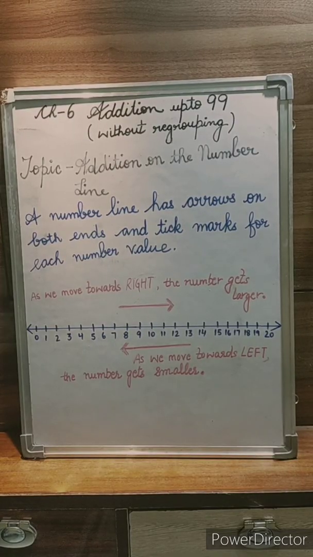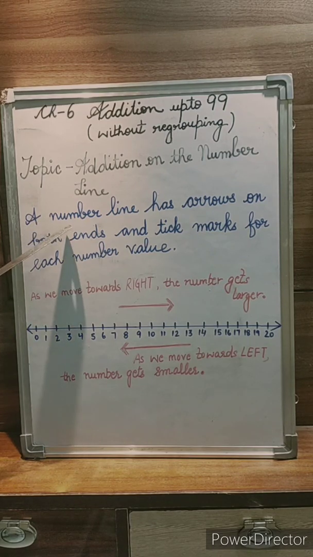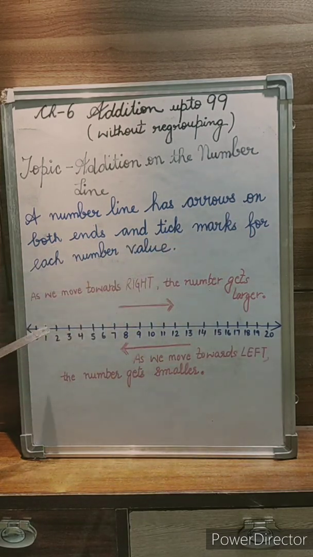So children, let's come to our next topic, that is addition on the number line, page number 95. Before we start with addition on the number line, let us learn what a number line is.